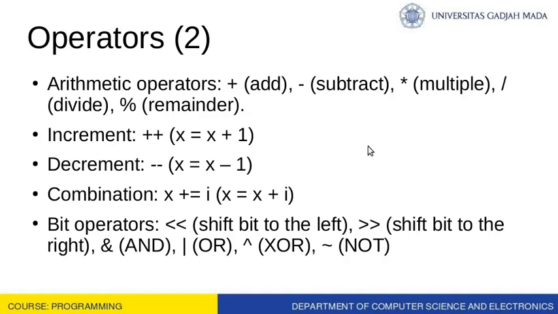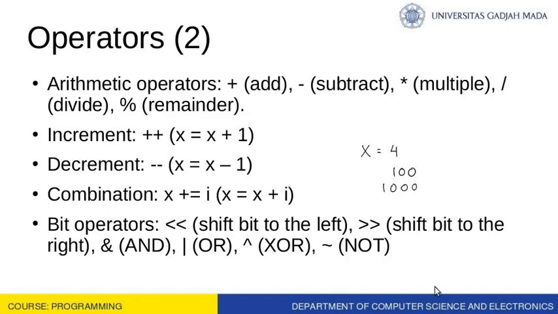Suppose you have x equal to 4. If you want to do bit operations, then the computer or C++ will convert this 4 into a binary number, so it will be 1 0 0. If you shift the bits to the left, then it will be 1 0 0 0.